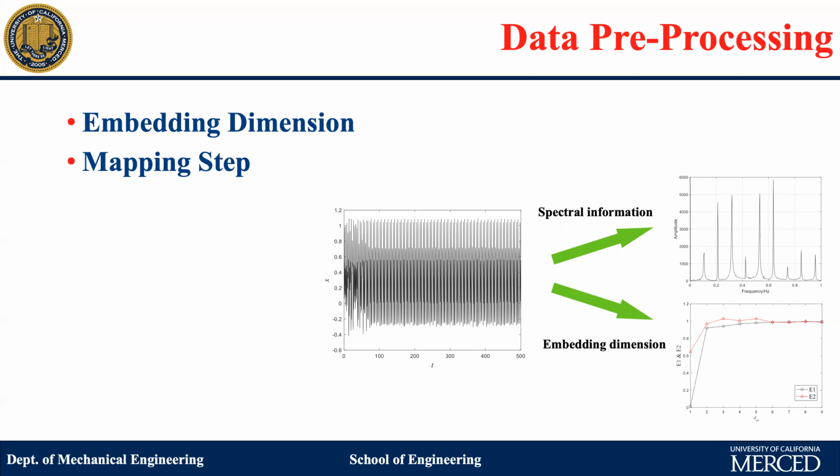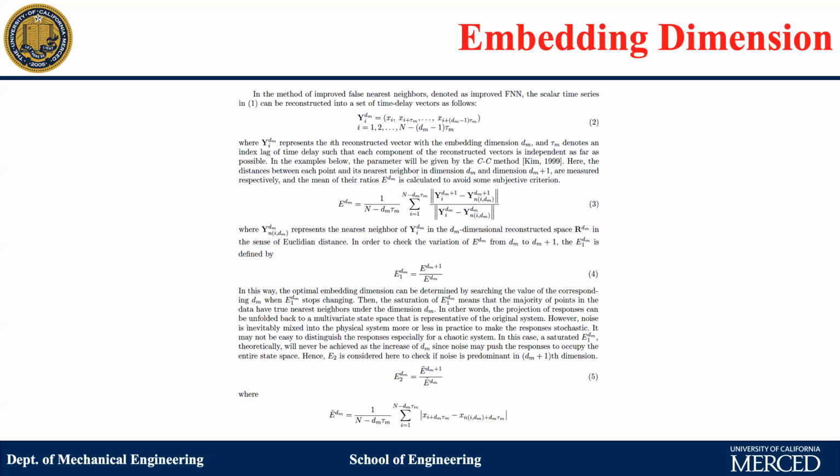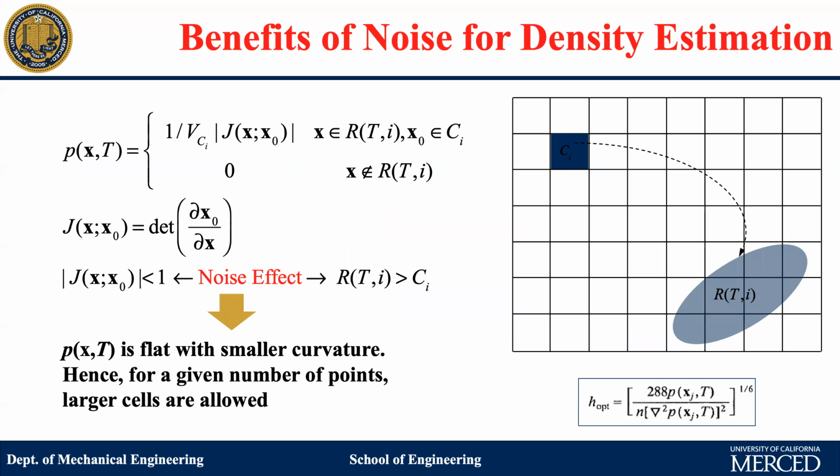We use that frequency domain information to decide if there is a proper mapping step we can use. Again, you can read my paper to find out how to do it. So these are the two embedding dimension definitions, and it's very well known in the literature. We just use it.